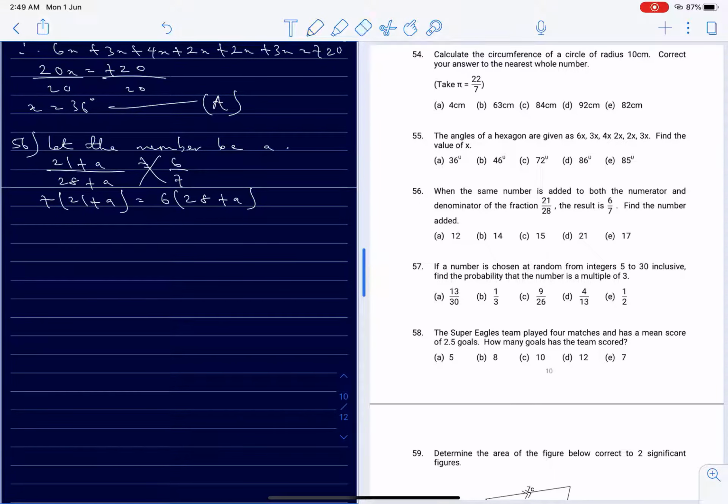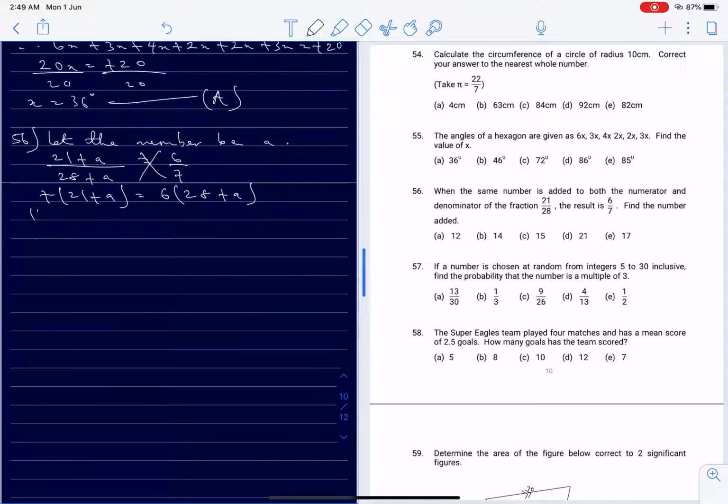Which means, what's 7 times 21? That's 147 plus 7A equals 6 times 28, which is 168, plus 6A.